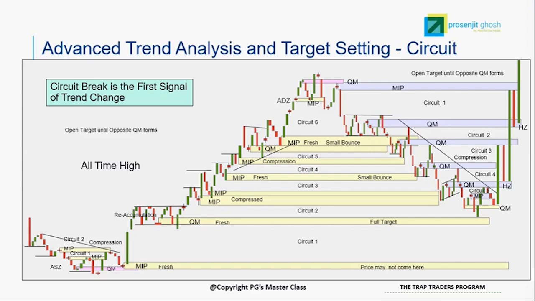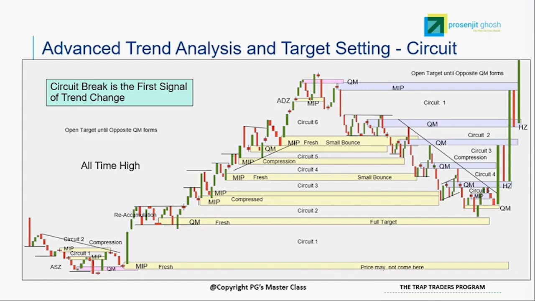So what I'm trying to show you here is the same thing. The trap zones are there. We have understood what a QM is, what a trap zone is, what a MIP zone is. So the most important thing which tells us that the trend is going to change is not the break limit zone.